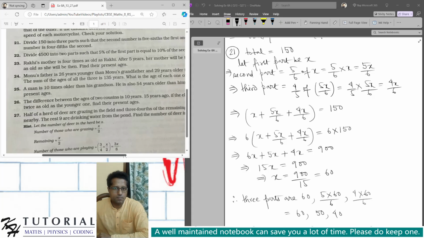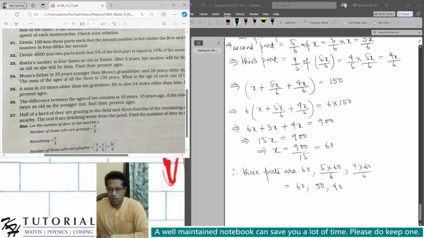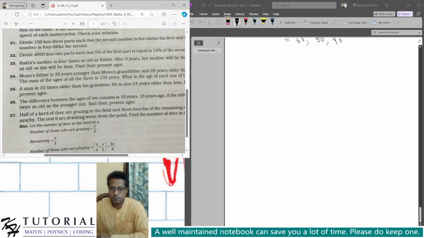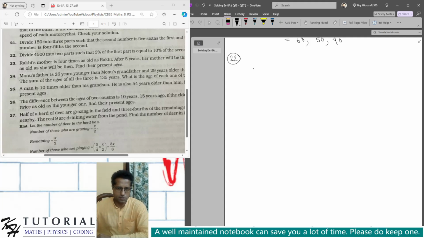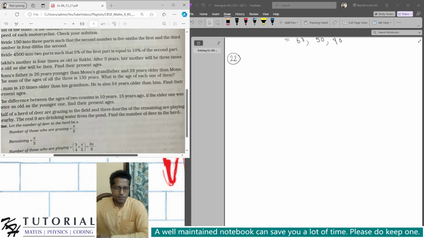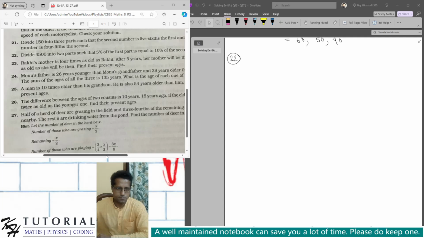Okay, let's do problem number 22. Divide 4,500 into two parts such that 5% of the first part is equal to 10% of the second part.